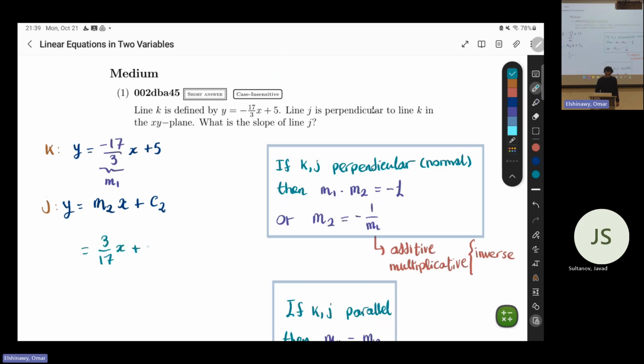Yes, but can you tell me why? -1 divided by -17 divided by 2. So you multiply it by -1 and you flip the fraction. Yeah, that's really what it is. It's not too difficult. That's how we do it.